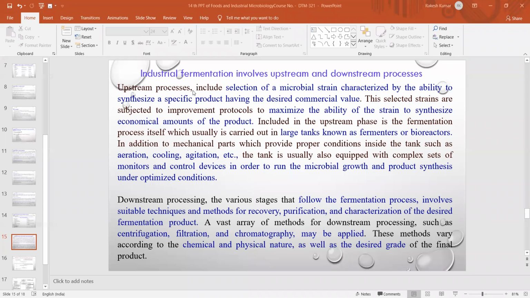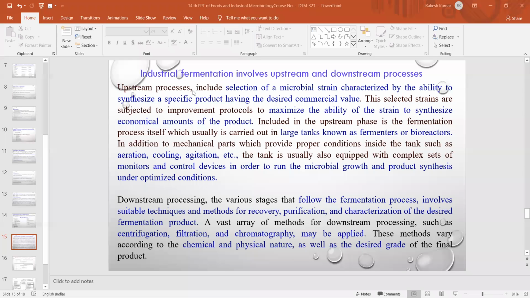And what is the downstream process? After fermentation, whatever product is formed, you have to recover your end product. For recovering, you have to follow some steps like extraction, purification, or characterization of the desired product.